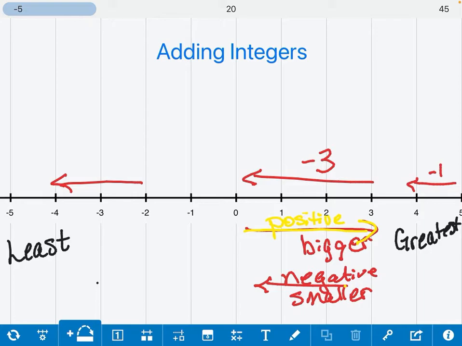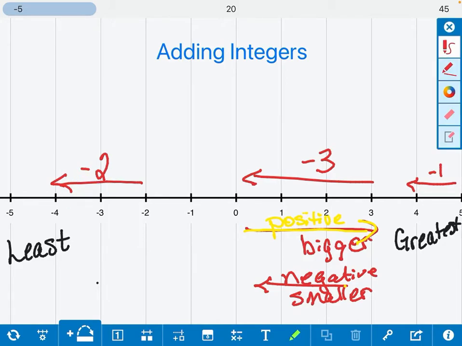Remember, it's the direction that the line is going. It's going to the left, so it's a negative value. And this one over here would be a 1, 2, a -2 value, because it's going to the left and has 2 spaces.